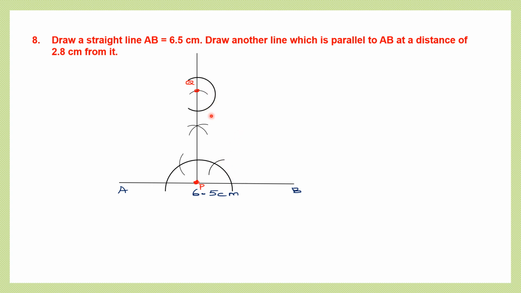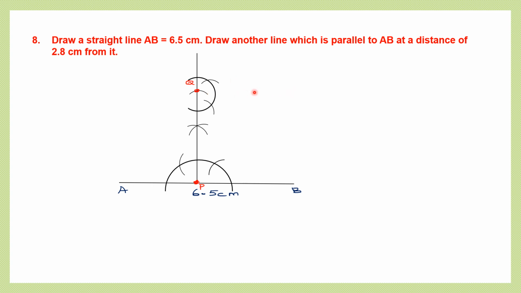Now we're going to mark the 60-degree angle and the 120-degree angle by placing our compass needle at this point. We're going to mark the arc for 60 degrees and by placing it here, we're going to mark the arc for 120. So this is 60, this is 120.